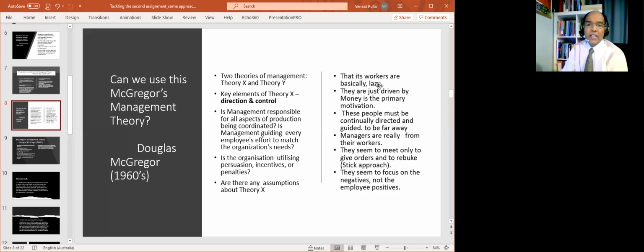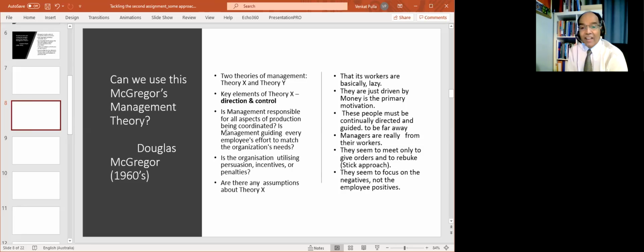Then, of course, can we use McGregor's management theory? What's it about? Two theories of management, theory X and theory Y. The key element of theory X is direction and control. The question, therefore, is: is management responsible for all aspects of production that are being coordinated?